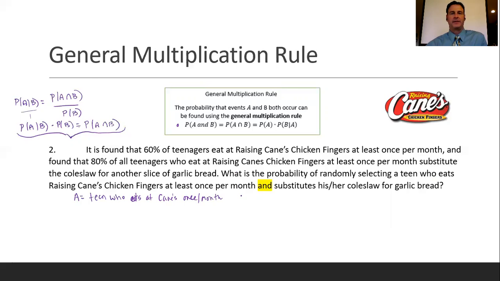Okay, let's let B be a teen who eats at Cane's once a month and substitutes, I'm going to say sub if you don't mind, bread for slaw.